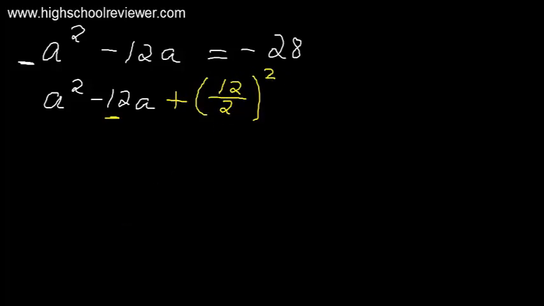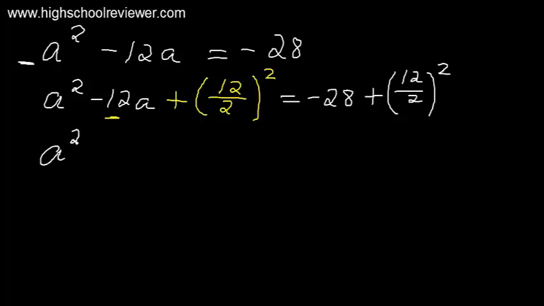2. Now remember, whatever is added on the left side must also be added on the right side, so as not to change the equation. So this will also be plus (12 divided by 2) raised to the power of 2.